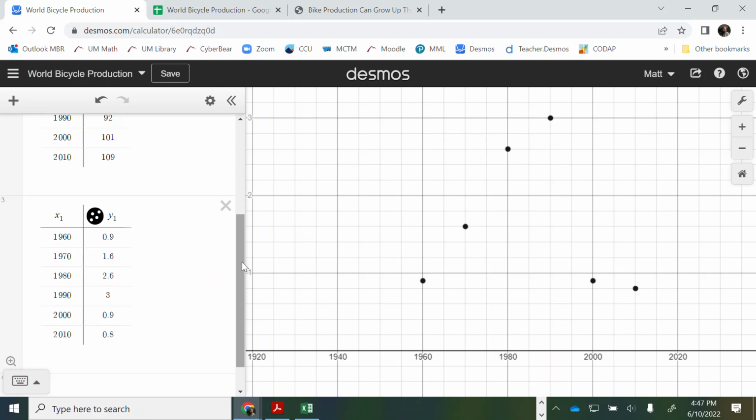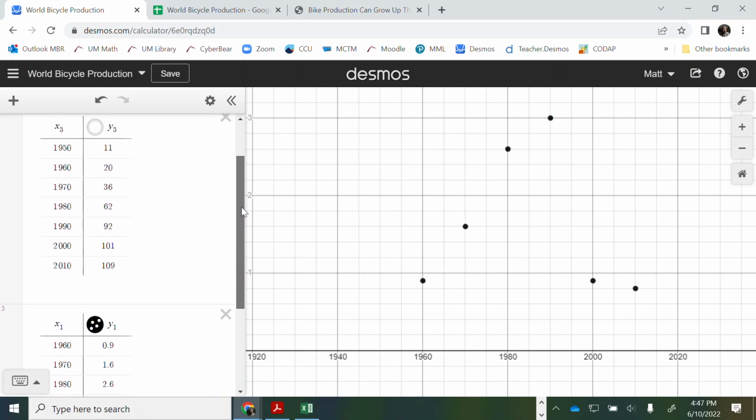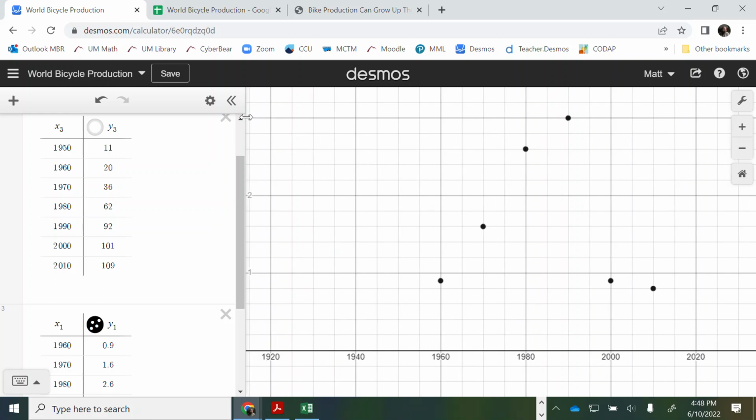And I hope that makes sense to you, because we definitely see the rate of change changing extremely fast, right? Between 80 and 90 it goes up by 30 million bikes per year in 1980 compared to 1990 across a 10-year span. So increasing about 3 million per year, which is what we're seeing on the left here is 3 million.